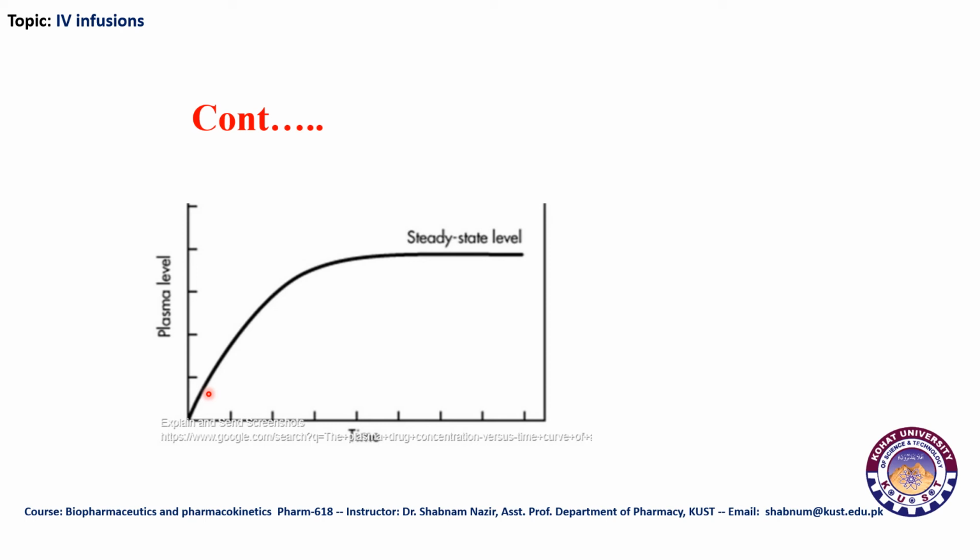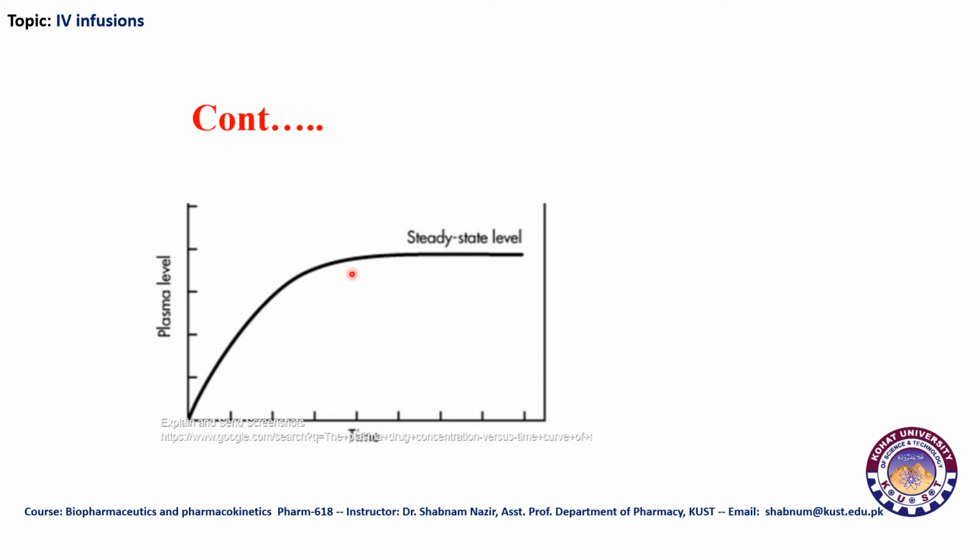The rate of output, or the rate of elimination, would be slow, and the reason is the same which I described before: as the elimination process is following first order, it will increase along with the increase in the concentration of the drug. So when you see the highest levels, it is actually the time when the rate of elimination has become nearly equivalent to the rate of input.